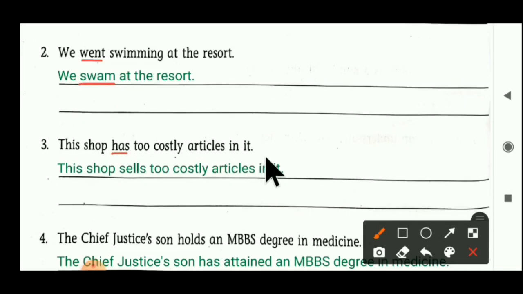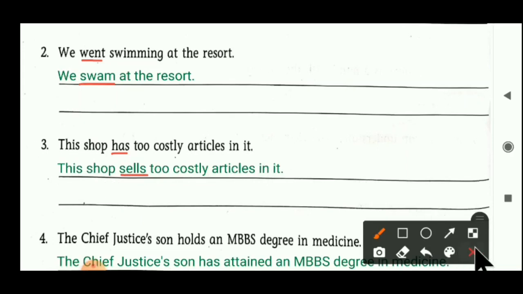We have to convert it into a dynamic verb, and then we have to write here: This shop sells two costly articles in it. Here I used sells as a dynamic verb. Here sells becomes a dynamic verb. So it converted into dynamic form.